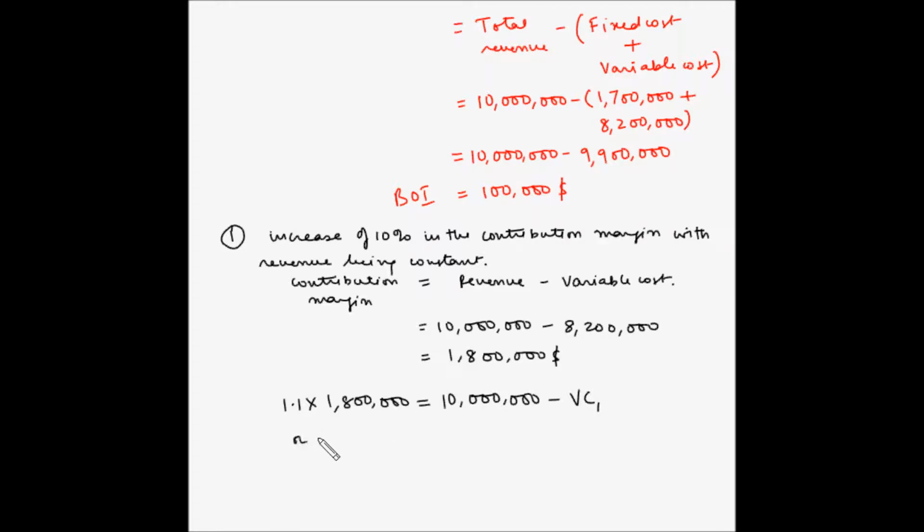Now this is equal to 1.98 million, which is equal to $10 million minus VC1, or VC1 is equal to 10 million minus 1.98 million, and this is equal to 8.02 million.